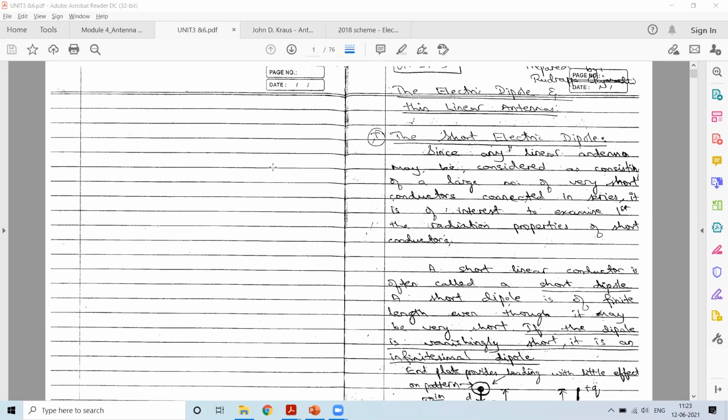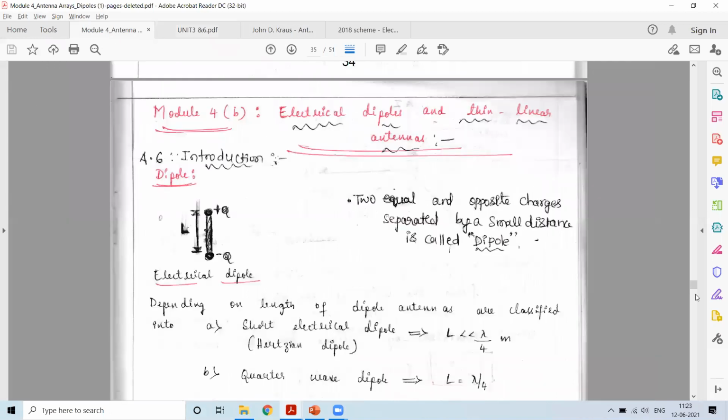So what is basically a short dipole? When we consider a dipole, it is nothing but a combination of two opposite charges separated by some small distance between them. This arrangement is called a dipole.